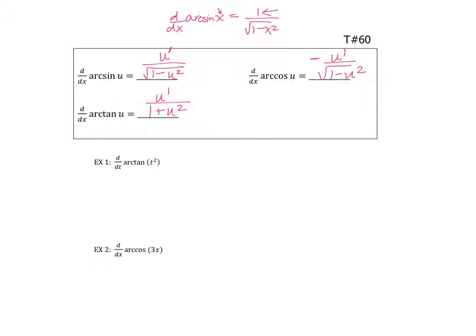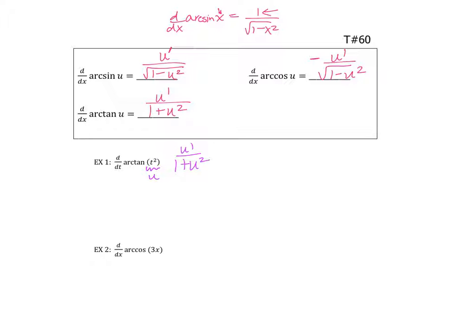Look at example 1. What's the derivative with respect to t of arc tangent of t squared? This is my u. Now I've got it memorized, and what I would do on my homework every single time, I would just write down u prime over 1 plus u squared. If you write it down, you'll probably remember it and have it memorized by the time you finish your homework.